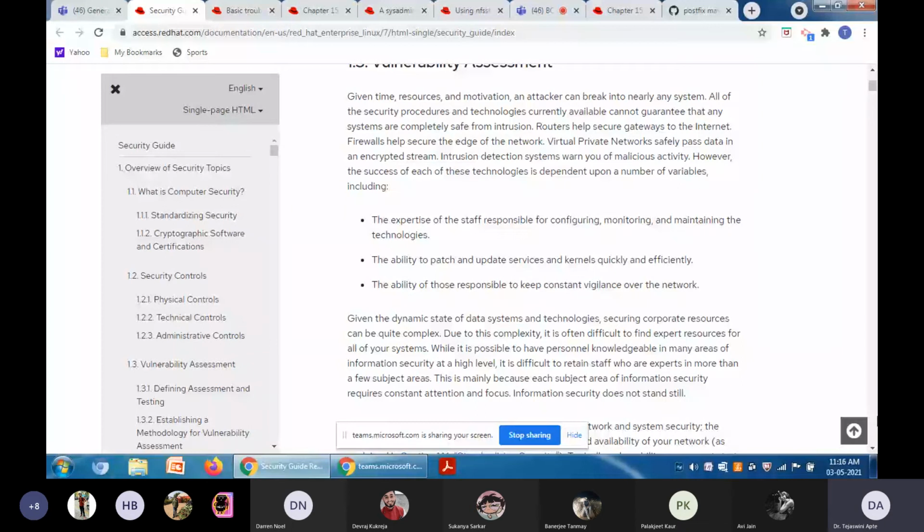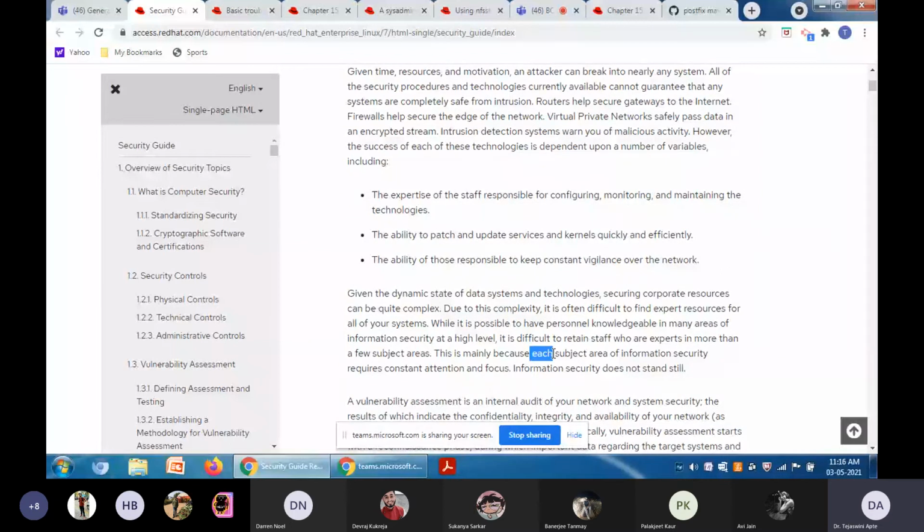So domain knowledge is really important, mainly because each subject area of information security requires constant attention. That is the major reason domain knowledge for any application is really important.